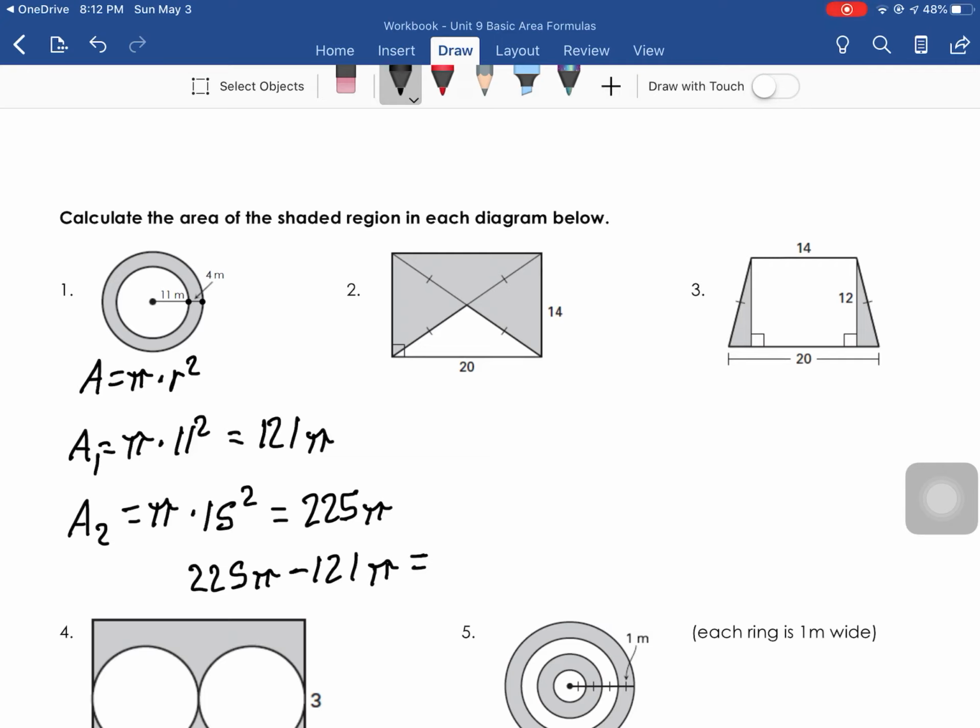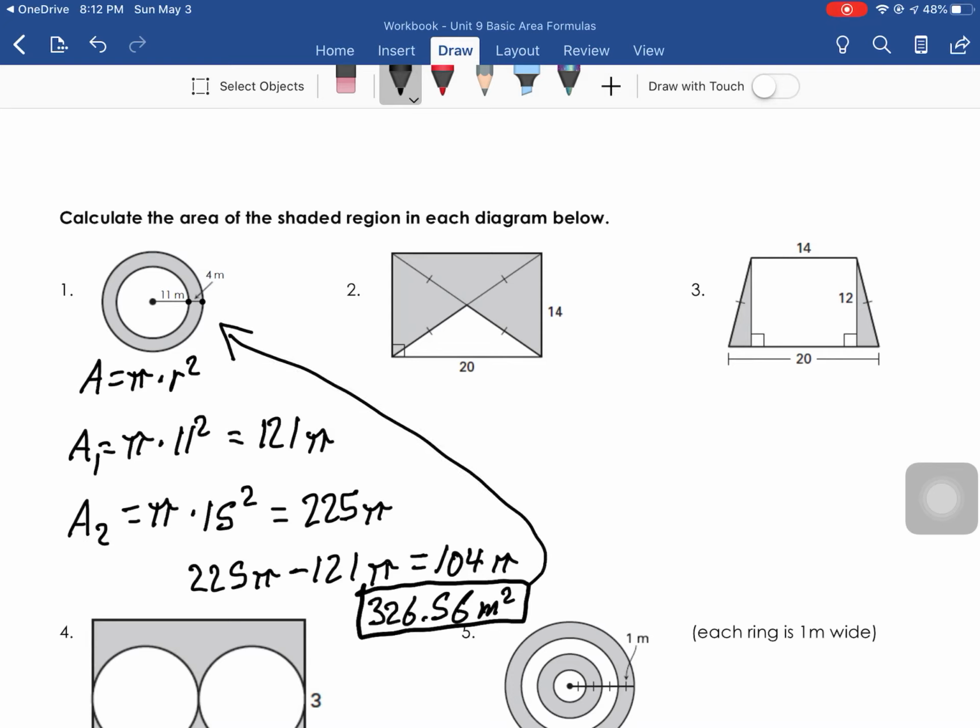So if you take 225 minus 121, you get 104 pi, and then we change pi to 3.14. And we get 326.56 meters squared. That is the area of that outer shaded region.